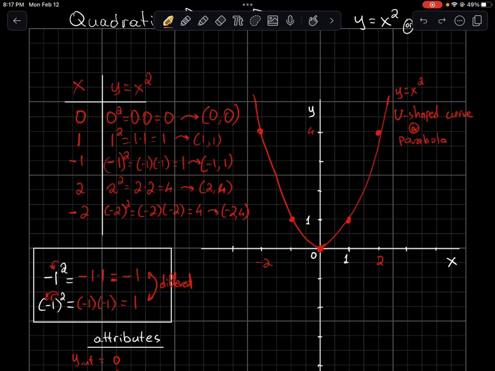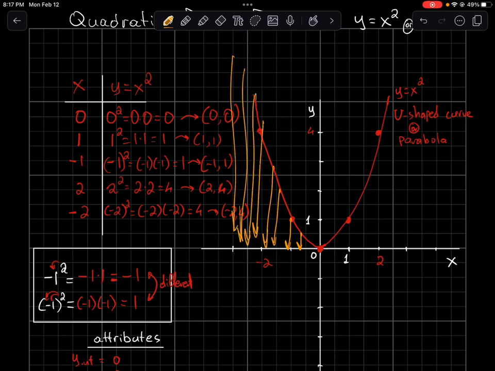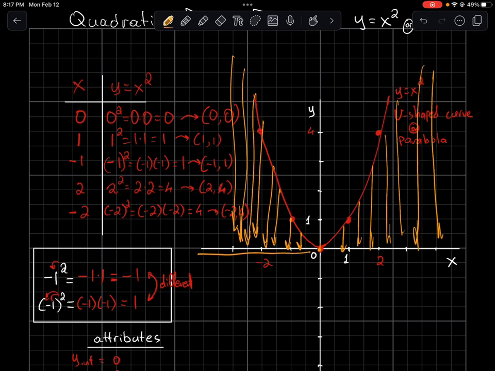To find the x-coordinates, you start projecting on the x-axis, and you keep going forever and ever, and you cover all of that. Now you project 0, and then you keep going in the other direction, forever and ever, and eventually you're going to cover the entire axis.